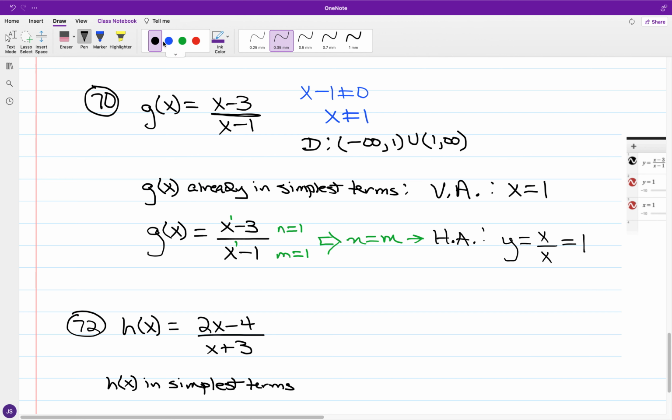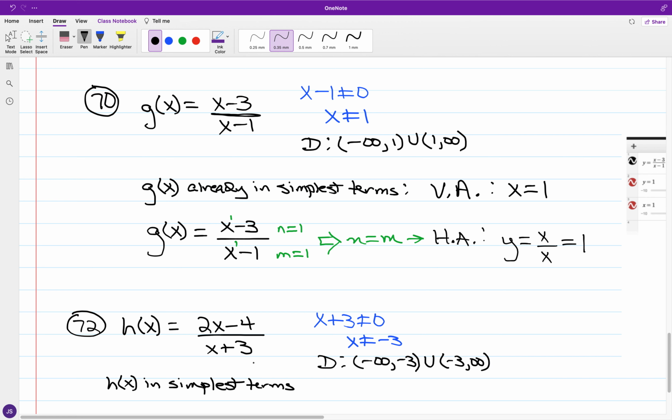Okay. And concerning the domain, you have x plus 3 cannot be 0, so we have that x cannot be negative 3. So for the domain, we have those values of x less than negative 3, along with those values of x which will be greater than negative 3.